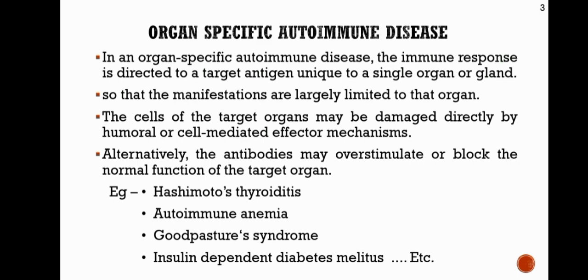The cells of the target organ may be damaged directly by humoral or cell-mediated effector mechanisms. Alternatively, the antibodies may overstimulate or block the normal function of the target organ. Examples: Hashimoto's thyroiditis, autoimmune anemia, Goodpasture syndrome, insulin dependent diabetes mellitus, etc.